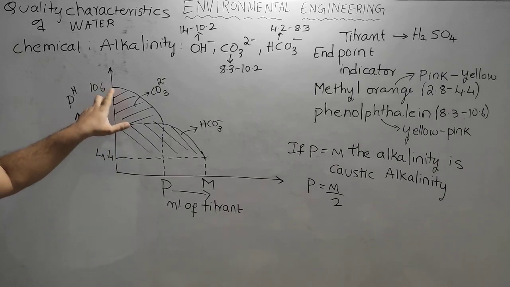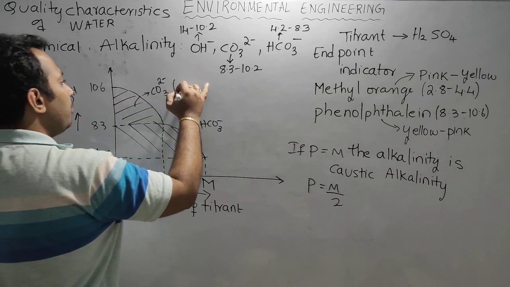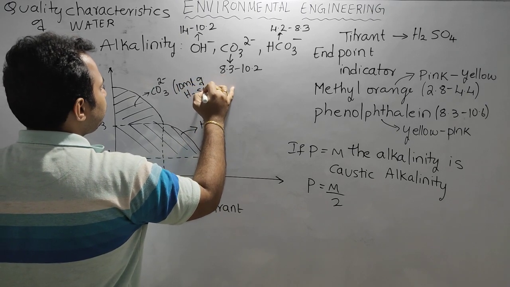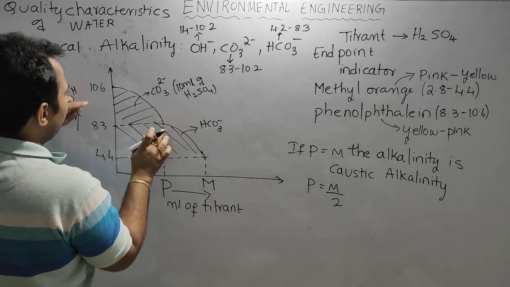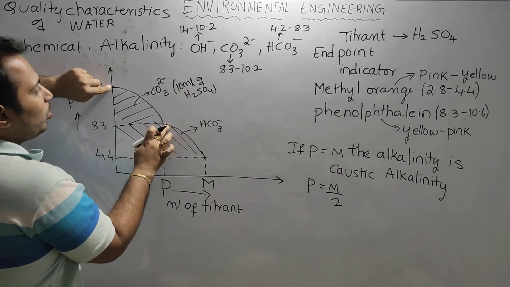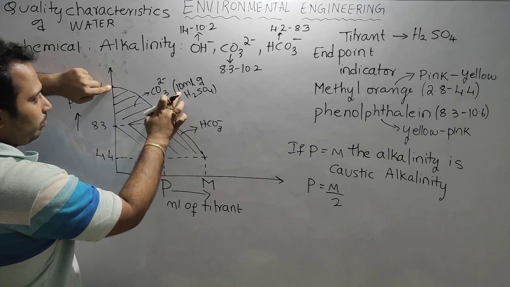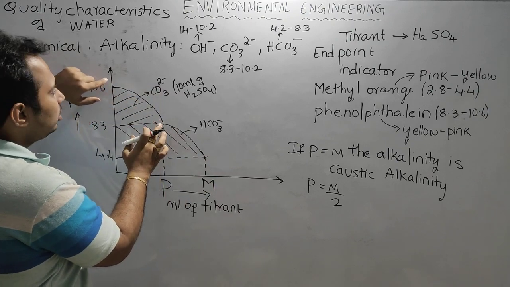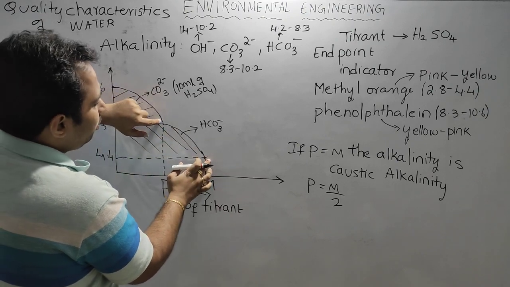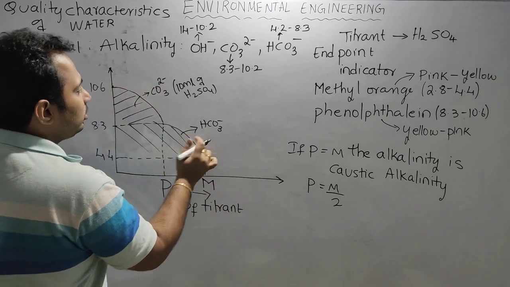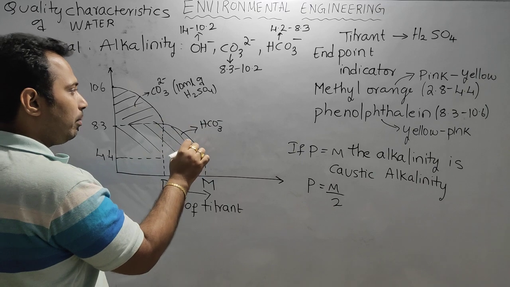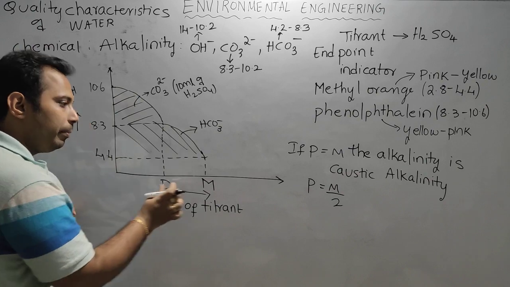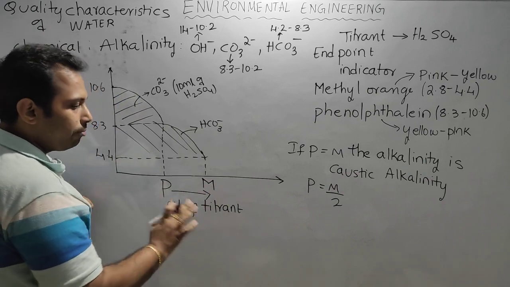For example, from this point to this point, CO3 2- needs 10 ml of H2SO4. The same CO3 will take another 10 ml, because only one hydrogen is taken in this range and another hydrogen is taken in the next. So 10 plus 10, that is 20, is M. P is 10 and M is 20. That means P is equal to M by 2.